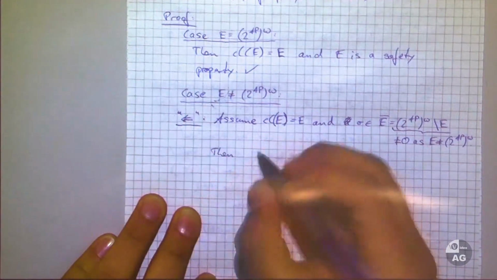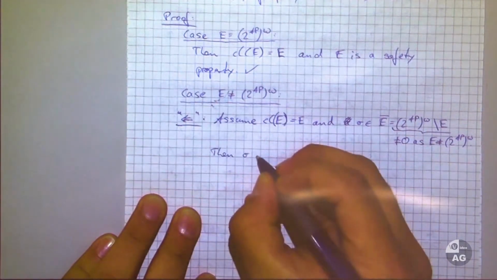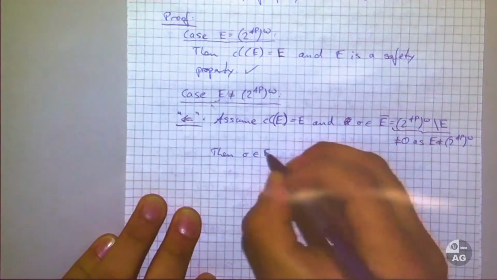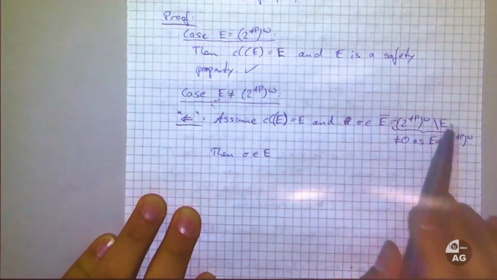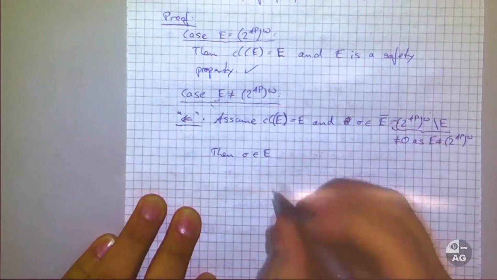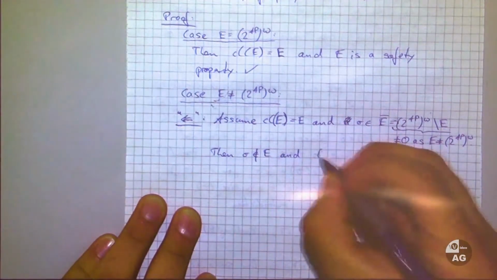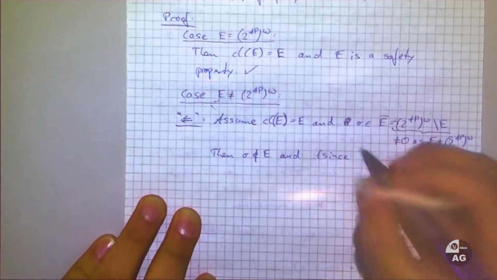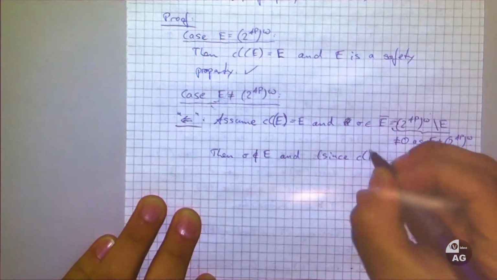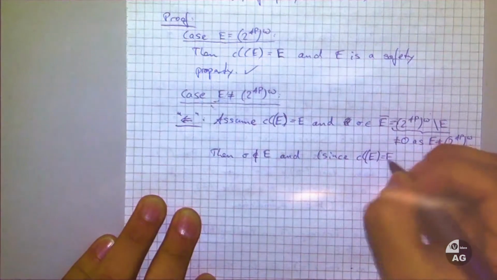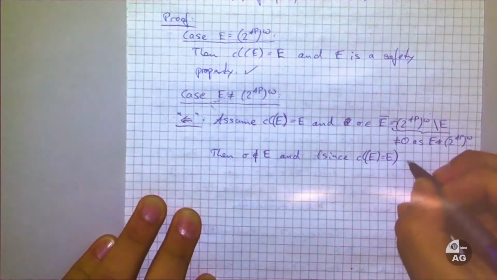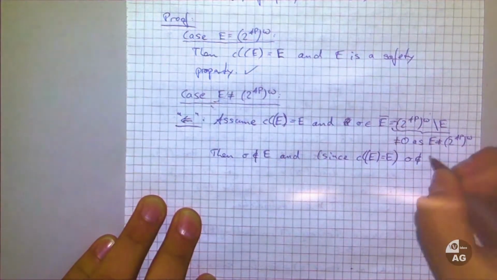Then we have that sigma, this infinite word, is not in E, right? I mean, we took it from the complement of E. It's not contained in E. And because we know that the closure of E is E itself, it can also not be in the closure.